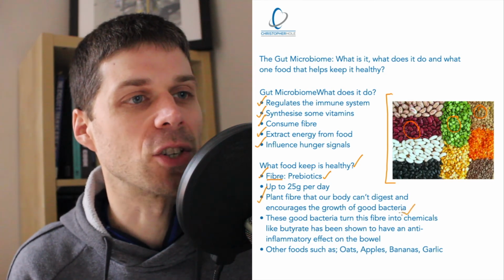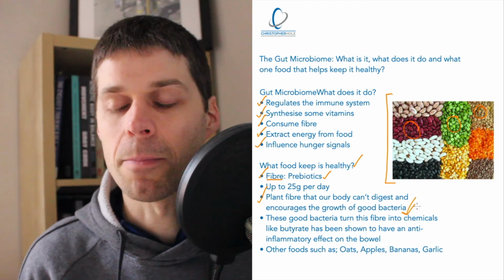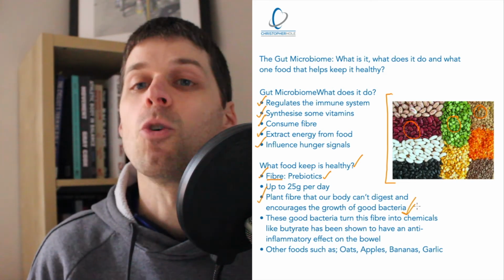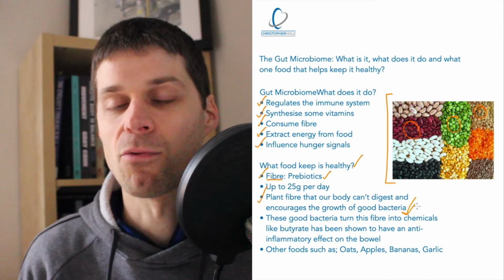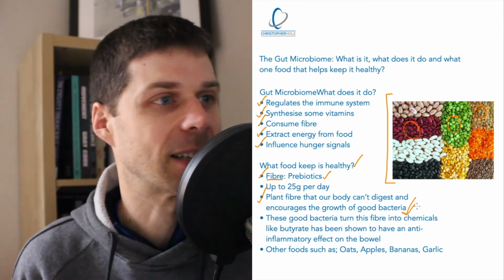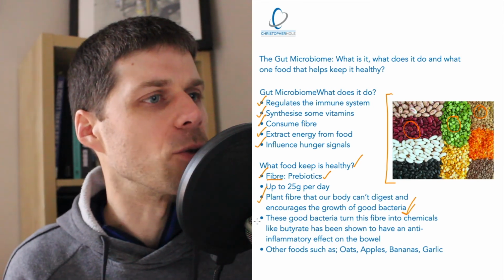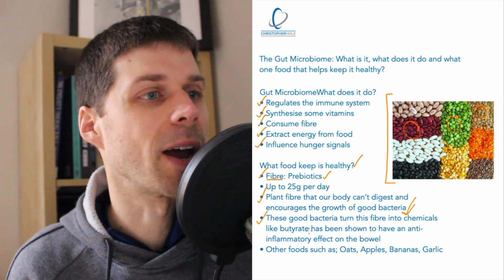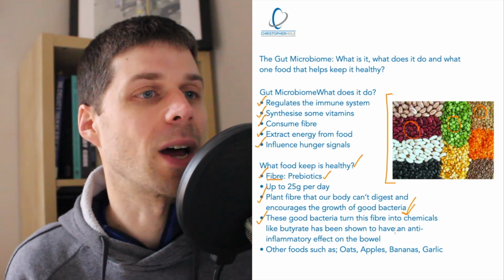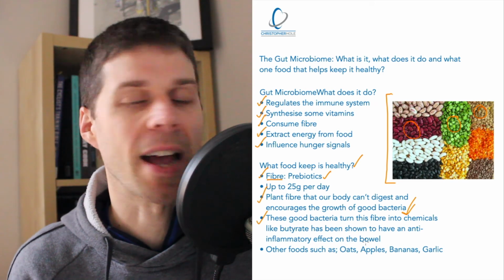So as I mentioned, it's consuming these prebiotics, which is feeding and fueling the good bacteria, which is helping them stay in the right balance with the bad bacteria. So these good bacteria turn these fibers into chemicals like butyrate that has been shown to have an anti-inflammatory effect on the bowel.